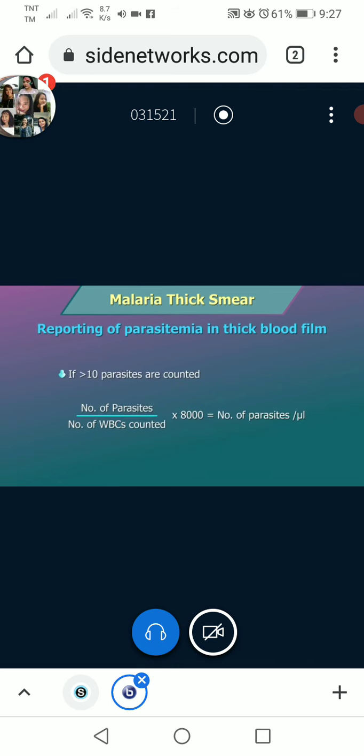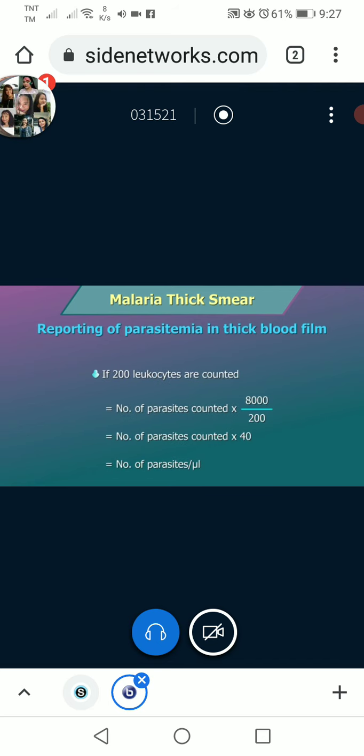If more than 10 parasites are counted, then the following formulae can be applied. Number of parasites divided by number of WBCs counted multiplied by 8,000 gives us the number of parasites per microliter of blood.